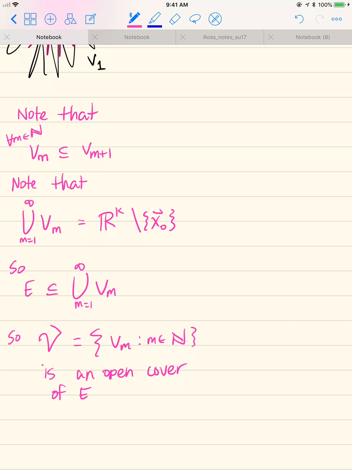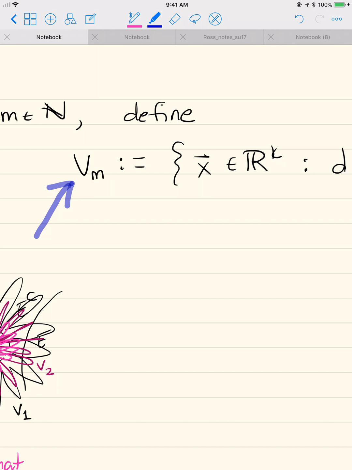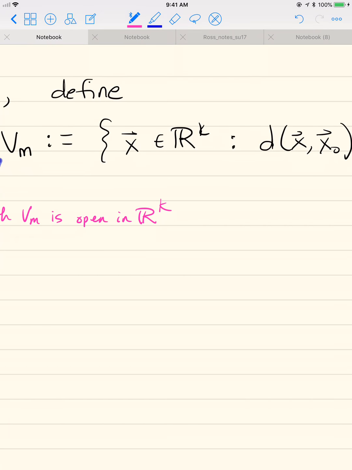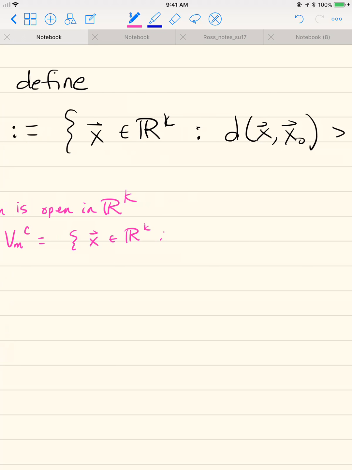But now wait a minute. You should be saying, wait a minute, how do we know it's an open cover? Well, it's an open cover because each of these sets is open. So each V sub m is open in R^k. How do we know that? The complement is closed. The complement is going to be the set of points whose distance is less than or equal to 1 over m.